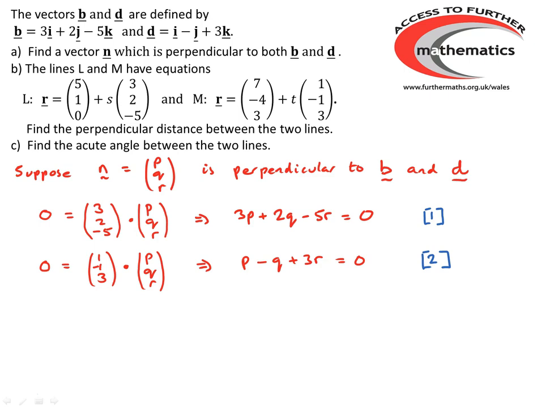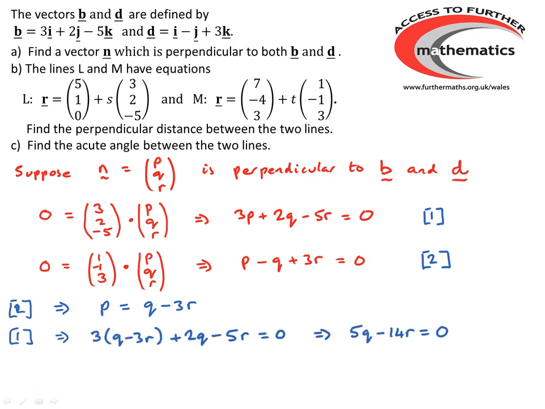In this case, the best that we can do is try and solve the equations to find two of the variables in terms of the third variable. So looking at equation 2 to begin with, we have p is equal to q minus 3r. Substitute that into equation 1. We've got 3 lots of (q minus 3r) plus 2q minus 5r equals 0.